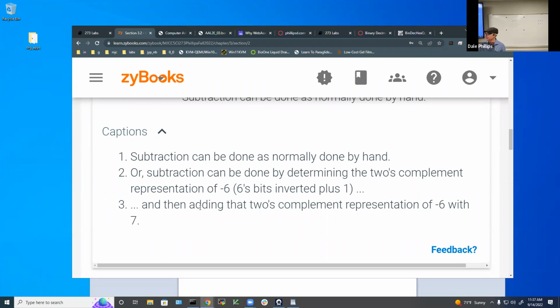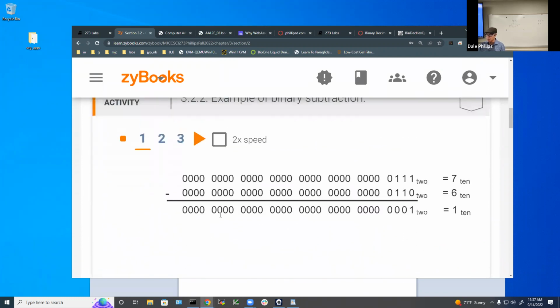So you can make things go a lot faster. Imagine doing this in a program where you have to sit there and say, okay, I'm going to subtract, subtract, subtract. Okay, let's write another program. We just flip all the bits and then we add. Now you only have to have an adder. With an adder logic gate, you can do addition and subtraction.